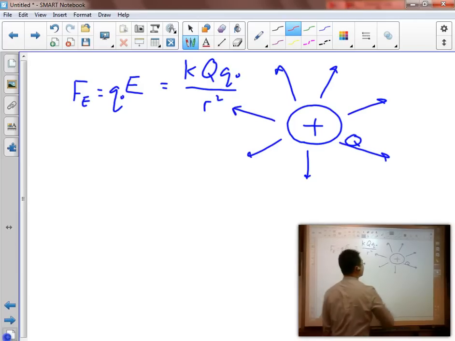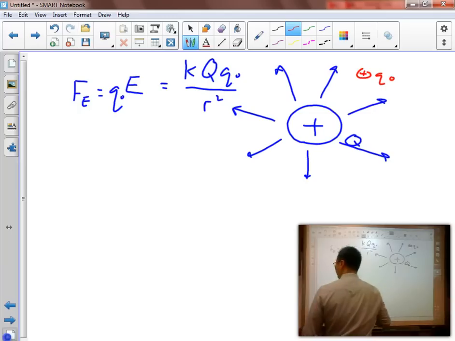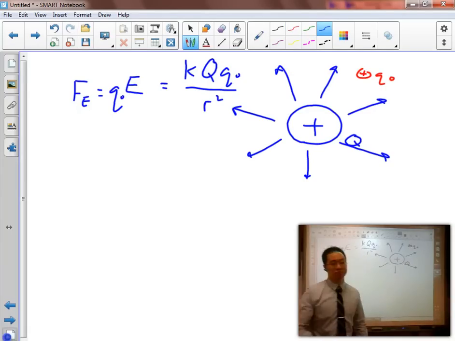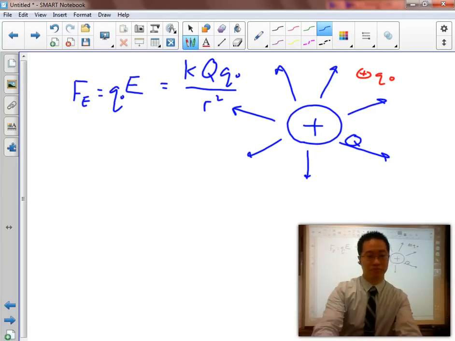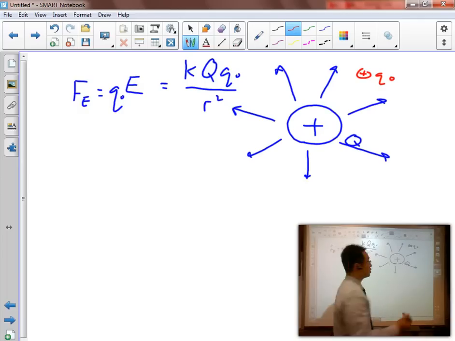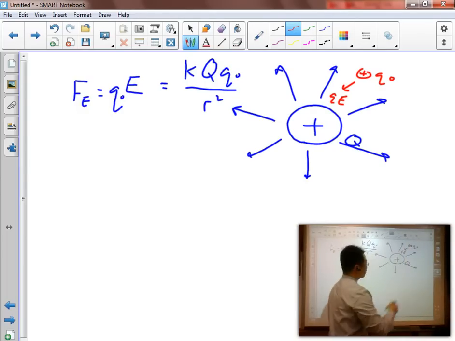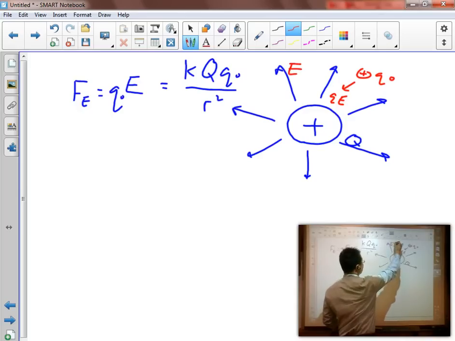If I take a tiny little positive charge of Q naught, then that tiny little test charge that's placed within will feel, of course, an electrostatic force within this field.